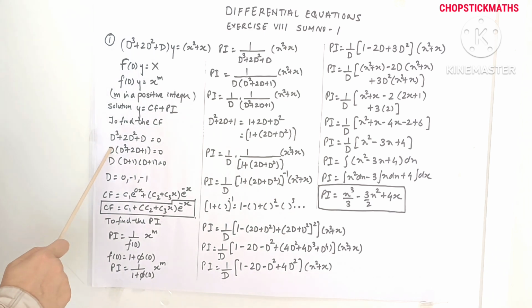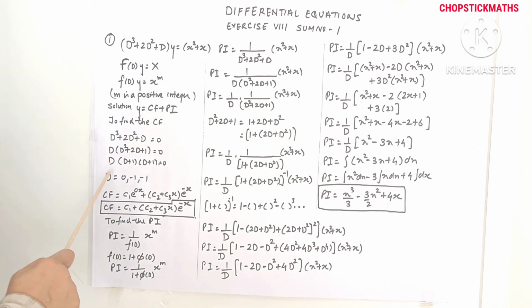Factorizing this, we get D into (D square plus 2D plus 1) is equal to 0. On further factorization, we get D into (D plus 1) into (D plus 1) is equal to 0. So the roots of this auxiliary equation are D is equal to 0, minus 1, minus 1.